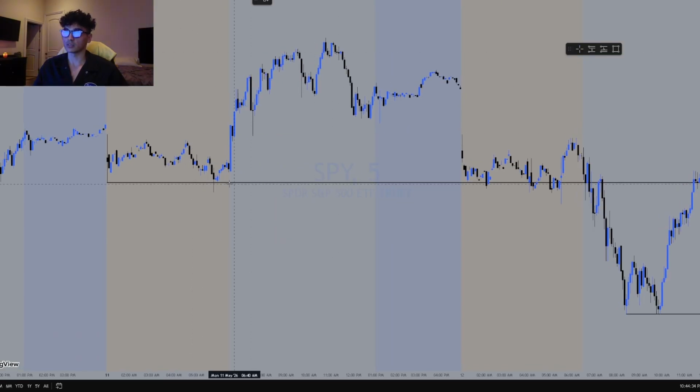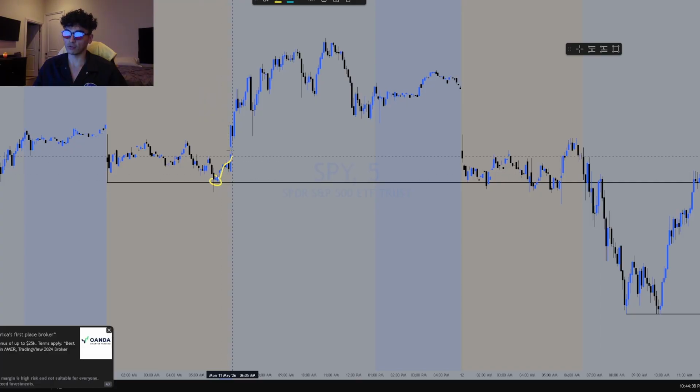We get a little bit of rejection and reversal right at that level, then leading to a strong move to the upside. So that's another way that you can draw out and look for your key levels, is really just marking out those market open lows or market open highs, or pre-market lows and pre-market highs.